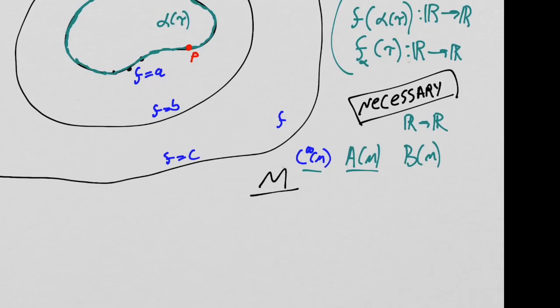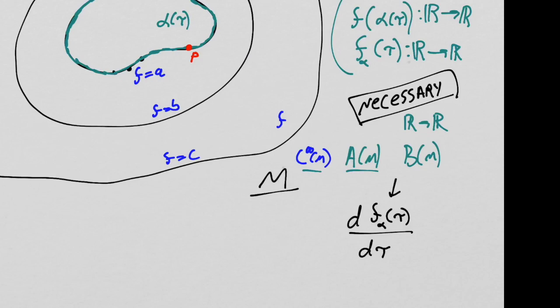So it makes perfect sense to ask about the derivative of f of alpha of tau with respect to tau. That's an ordinary derivative. That will have a value, because this is a function from R to R. It's some definable function. If I know f and if I know alpha, I know what this function is. And because of that, I can take this derivative.